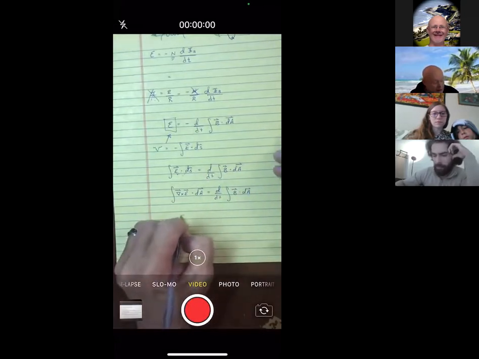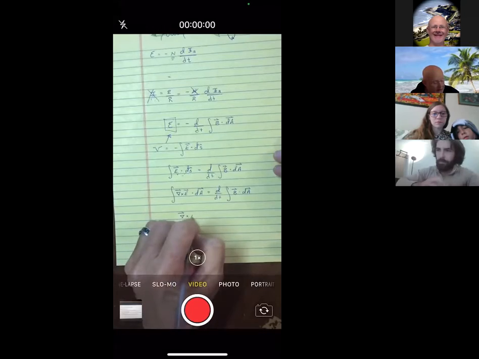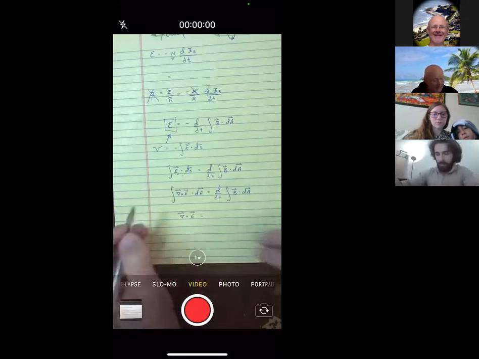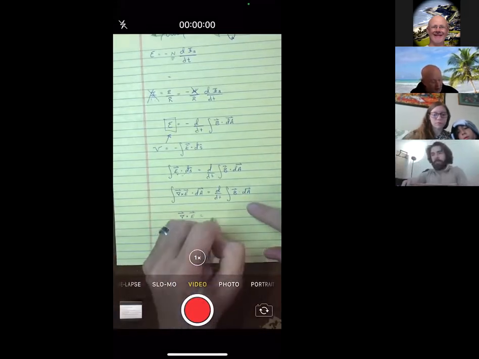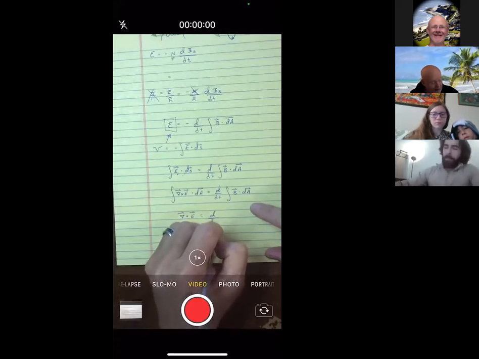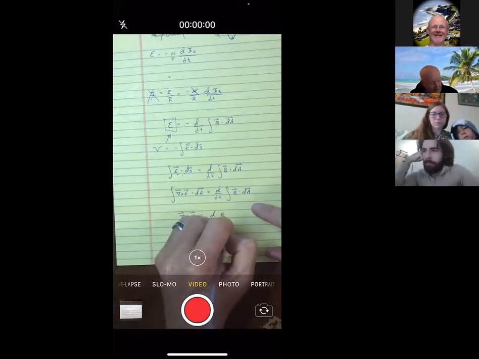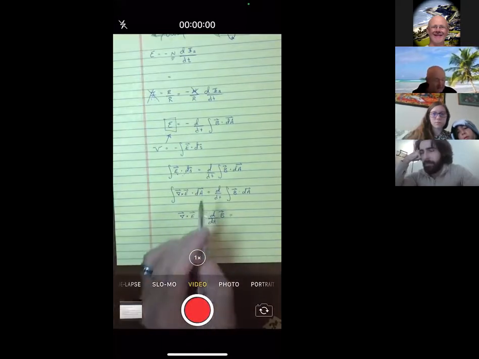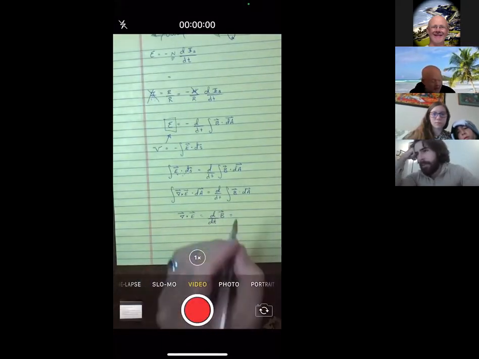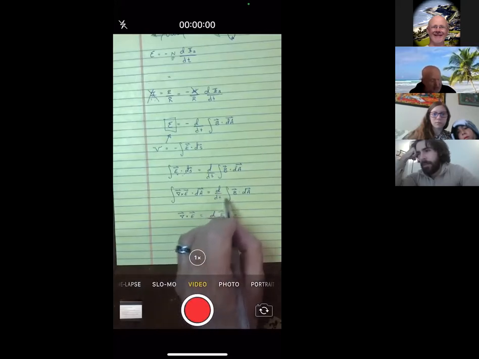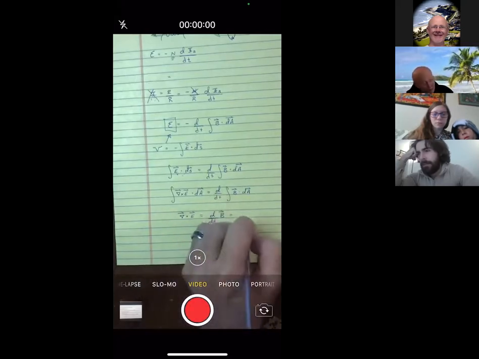And so now you have the curl of the electric field equals the derivative of the magnetic field. And to be a little more accurate with my mathematics, since this derivative is outside of the integral, I should write this as a partial.